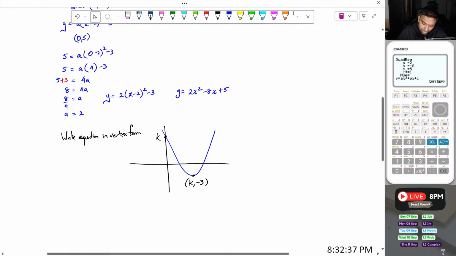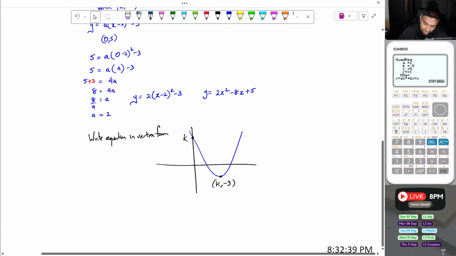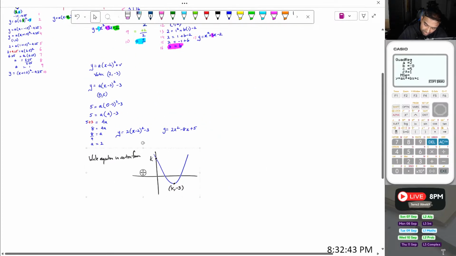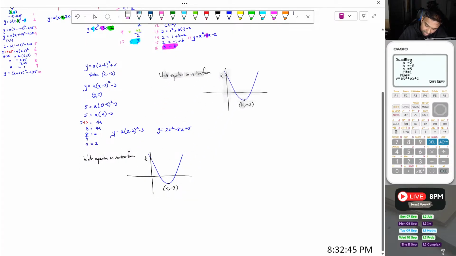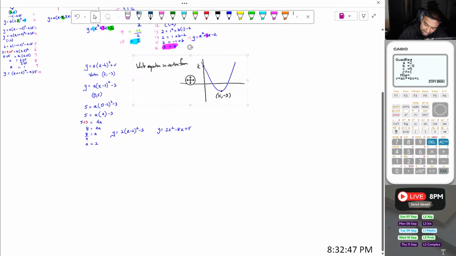Now I'm going to show my previous working there so that you guys can see what I tried to do in the previous one and use that as a guide.